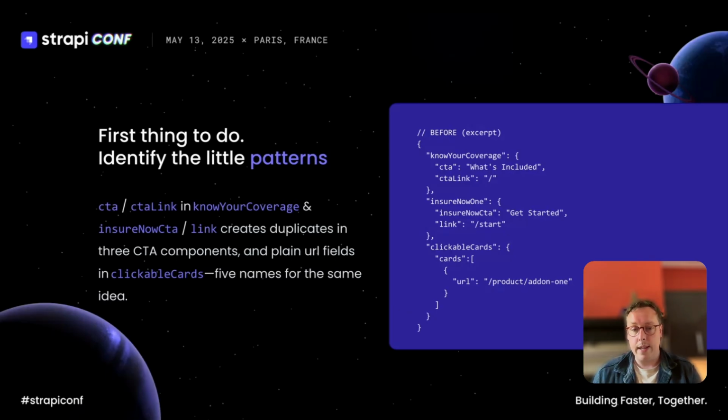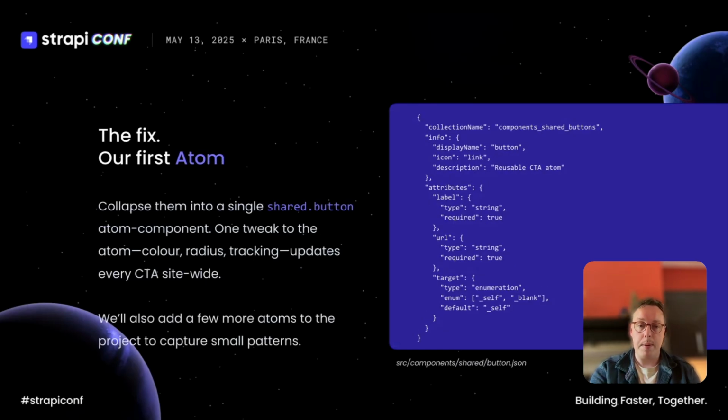And ultimately, in this singular schema, we've got 5 names for the same content pattern. So the fix that we're going to be implementing here is we're going to be taking all of those instances where there is a need for some target URL or some link to be output in the API to be rendered by a front end. And we're going to collapse them down into a single shared component, which we're going to be calling button.